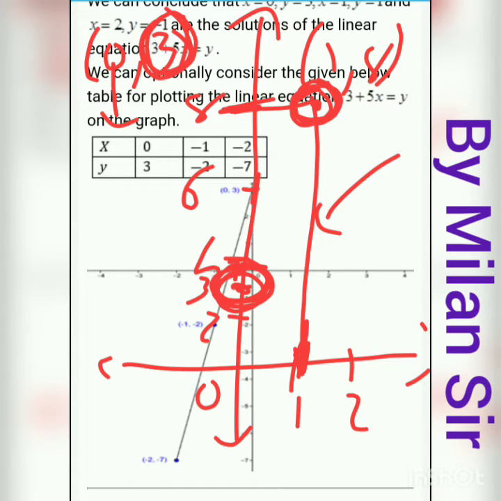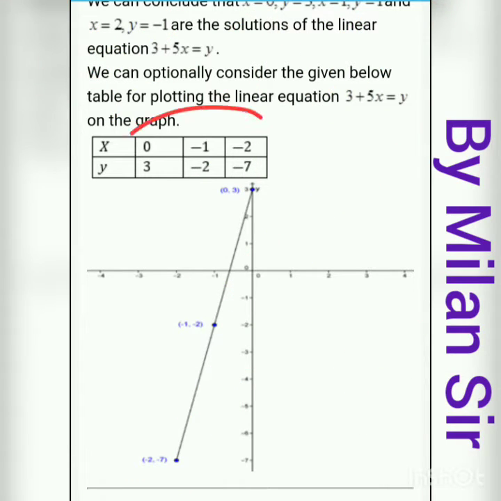Now join these two points with the scale, so you will get the graph. You will get the linear graph here. So this is your required graph. You can take any point, you will get the same line on the graph.